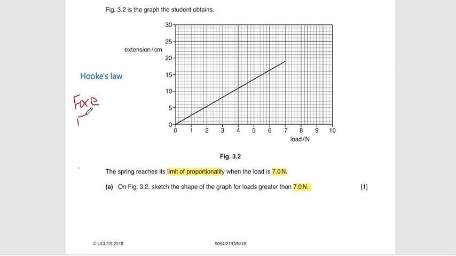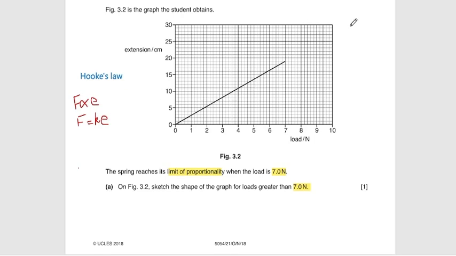So I have F equals K E, where K is my constant. Now I know as I increase the force, my extension is going to increase as well, and what I mean by limit of proportionality is that it is the maximum point after which the force and extension are not proportional to each other any longer.